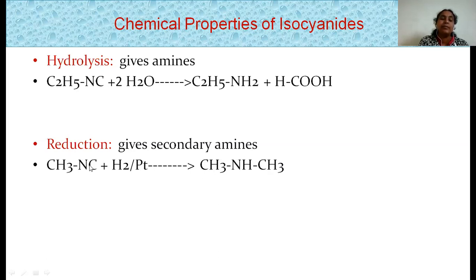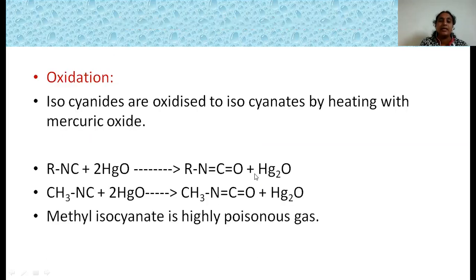So this triple bond present between the nitrogen and carbon undergoes reduction and produces the secondary amines. And isocyanides on oxidation, by heating with mercuric oxide, produce the isocyanates.